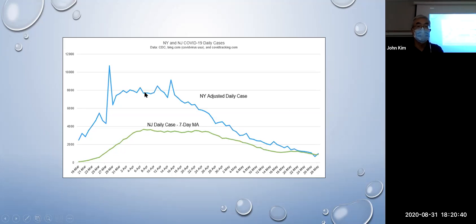We adjusted this one by the number of tests and the actual daily data. And for New Jersey, daily case uses a 7-day moving average. So we try which one works better. Then we can see like this.